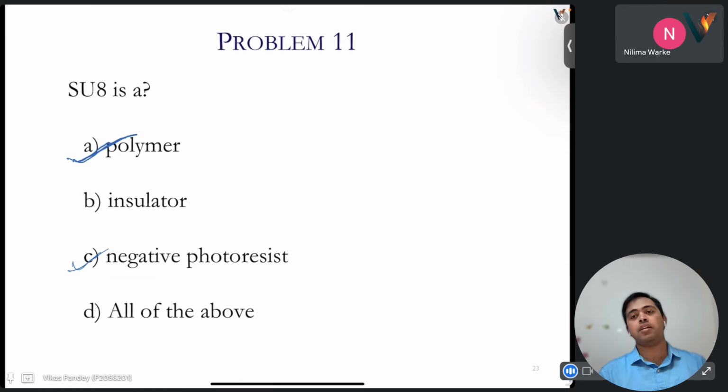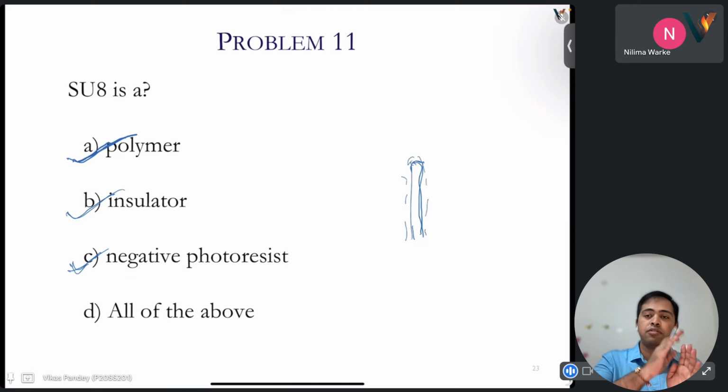SU8 itself is an insulating polymer. It is not conducting. That is why when we are creating SU8 pillars, we coat them with gold, so that we can have some conducting path. If it was already conducting, we wouldn't need to do that. So it is an insulator as well as a negative photoresist. So it is all of the above.